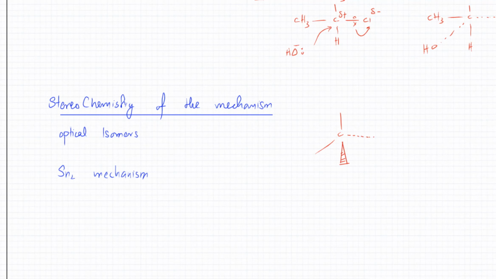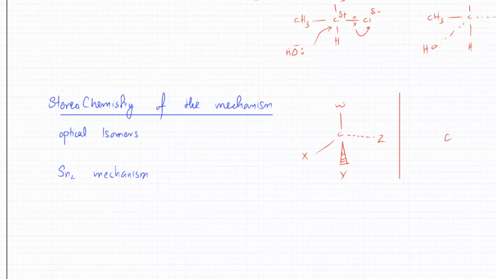Let's say it's W, X, Y, and Z. Then there's another version of the molecule which is going to be a mirrored version of the same molecule, just like your two hands, which would look very similar, but they're going to be inherently different.